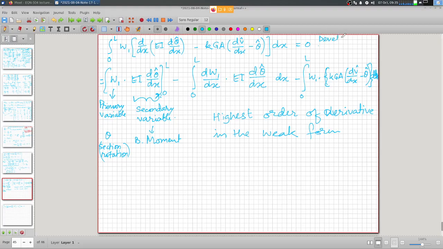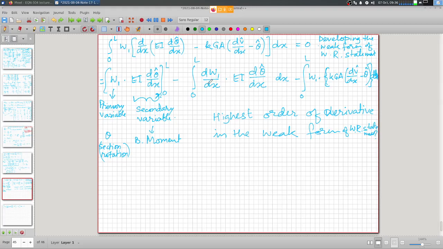We are developing the weak form of the weighted residual statement. What is the highest order of derivative?